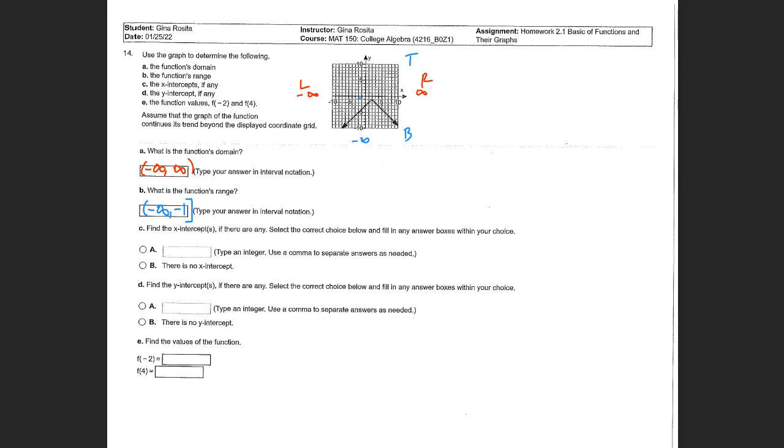So now, find the x-intercept. There are no crosses on the x-axis. So is there an x-intercept? No, there is no x-intercept, because the graph does not cross the x-axis. How about the y-intercept?